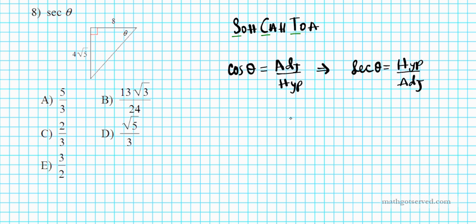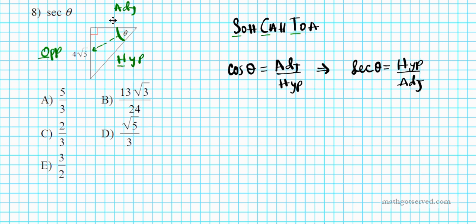All right, so we're going to apply this equation to this triangle to determine what secant theta is. We are going to label. Let's see if we have everything that we need. This is the angle right here, so this side is going to be opposite. The other side is the adjacent, and this side right here is the hypotenuse. In order to find secant, which is hypotenuse over adjacent, we need h and a.